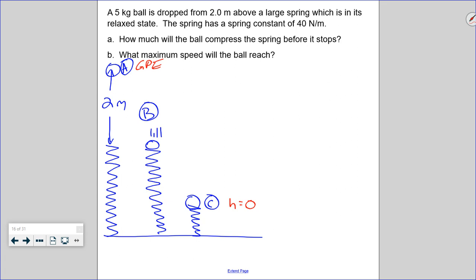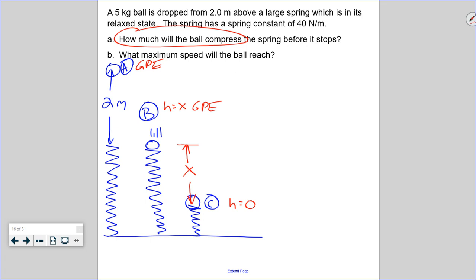Which means that if I call this distance x, the distance that the spring got squished, which is what we're trying to find, then at point B my height is x, which means I'm going to have some GPE there. Now, the other option is you could call point B a height of 0, and then at point C your height would have to be negative x. Either of those two choices work. Negative GPE always weirds me out, but it does work.